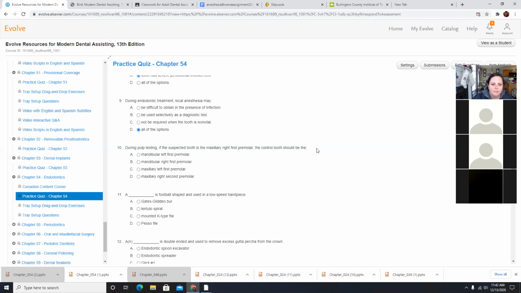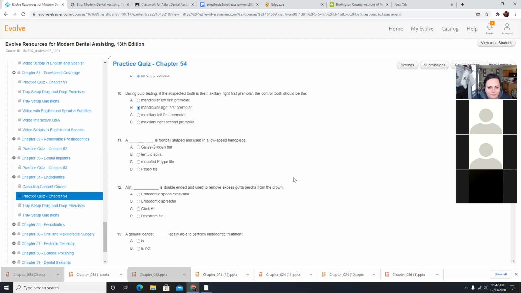B. B. A blank is football shaped and used in a low speed handpiece.